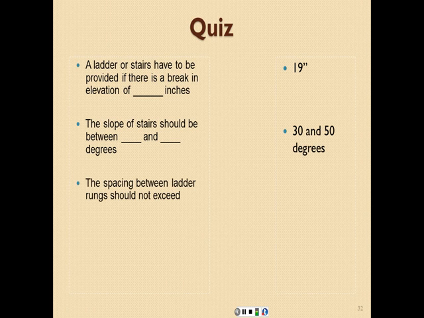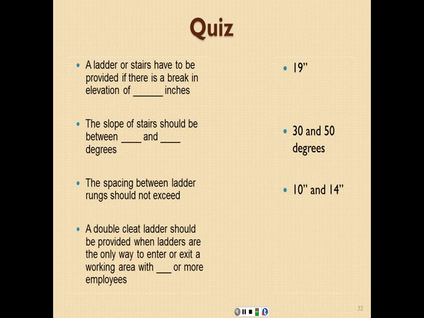The spacing between ladder rungs should not exceed, do you remember that number? 10 and 14 inches. A double cleat ladder should be provided when ladders are the only way to enter or exit a working area with how many or more employees? The cutoff number was 25.